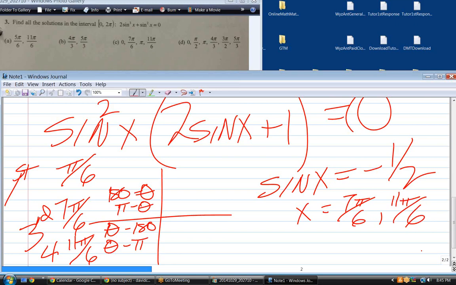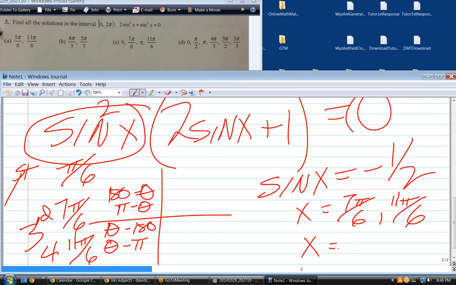Is that our answers, or is there one more? I think that's it, isn't it? Well, how about that can be 0? Oh, that's right. So sine squared x equals 0, meaning x is what? Sine inverse.